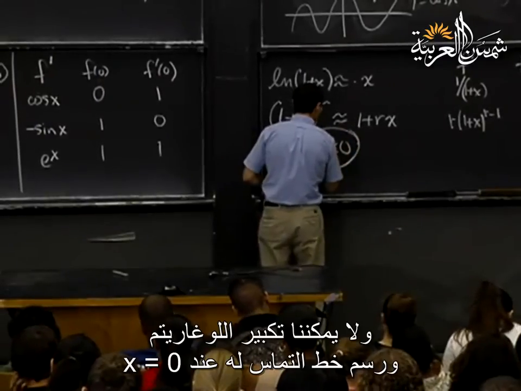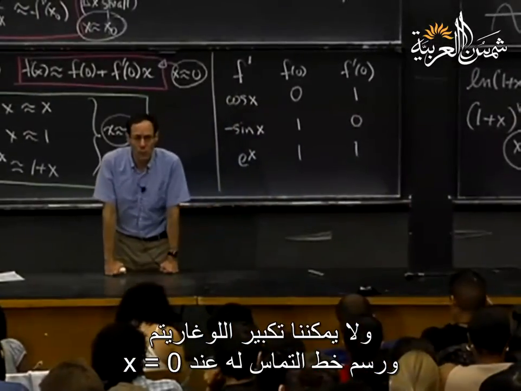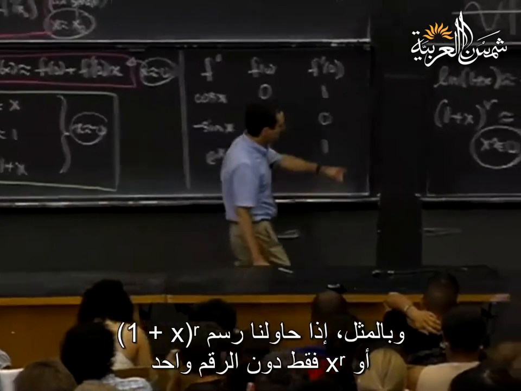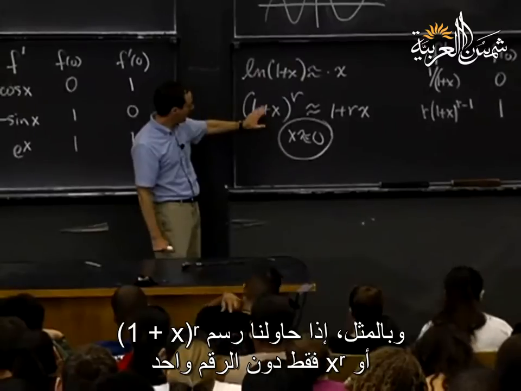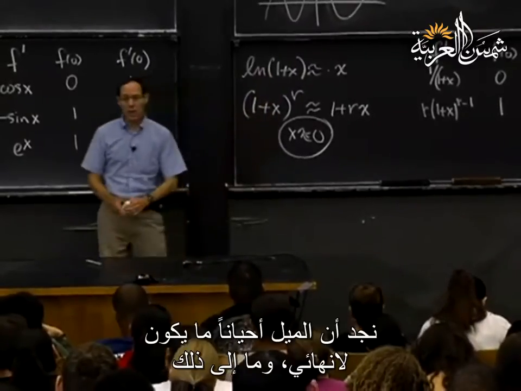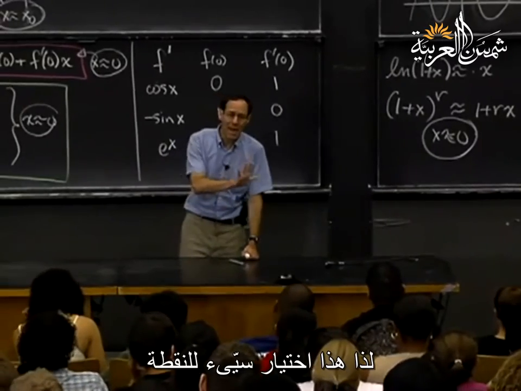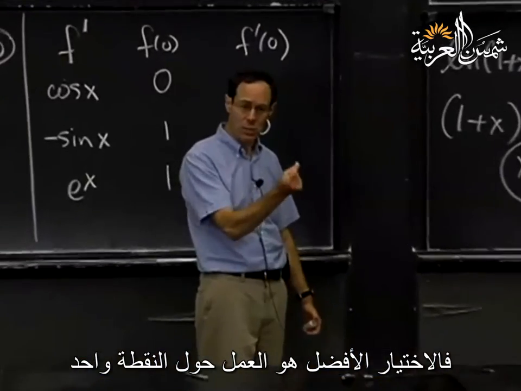You cannot expand a logarithm and understand a tangent line for it at x equals 0 because it goes down to minus infinity. Similarly, if you try to graph 1 plus x to the r, or x to the r, without the 1 here, you'll discover that sometimes the slope is infinite and so forth. So this is a bad choice of point. 1 is a much better choice of a place to expand around.